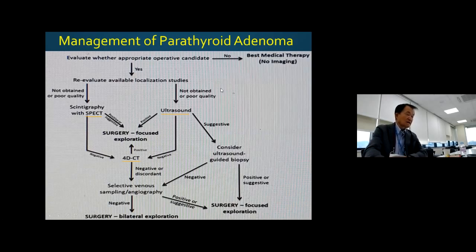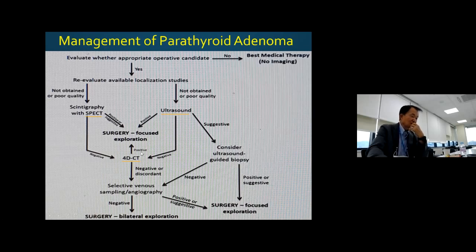Okay, so how do we handle this problem? Operation is best, as I mentioned. But if you cannot operate, then certainly medical treatment.